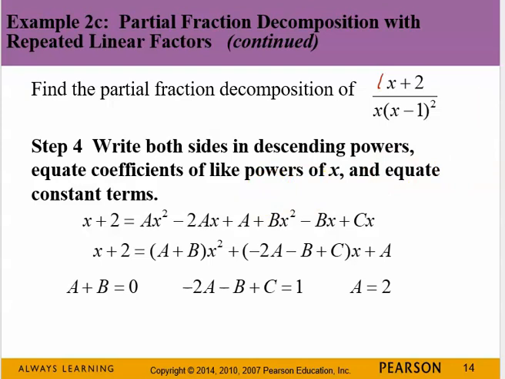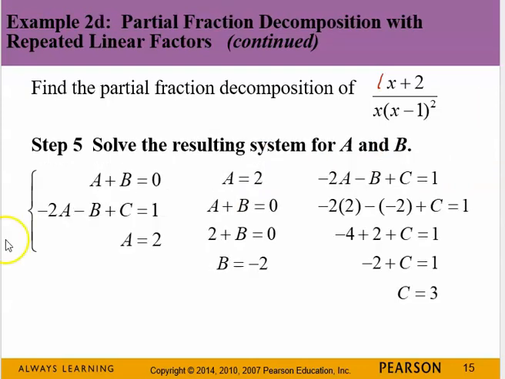Well, it gets a little more complicated, but we now have 3 linear equations that we want to solve using, again, going into our toolkit. What do we do? Well, we know that a is equal to 2 here.